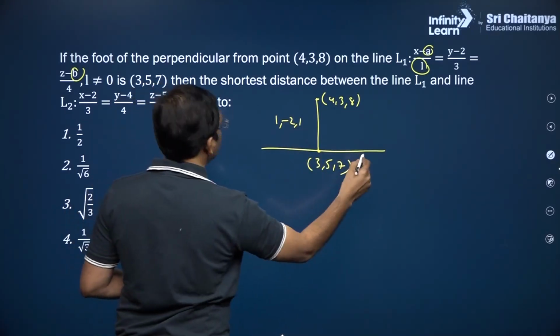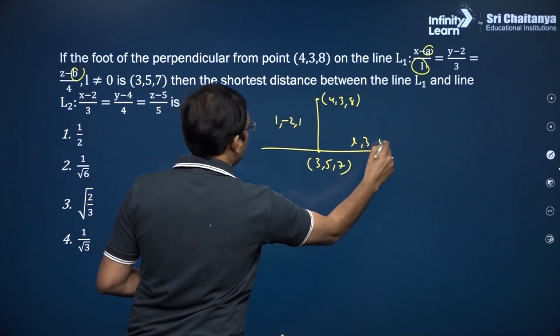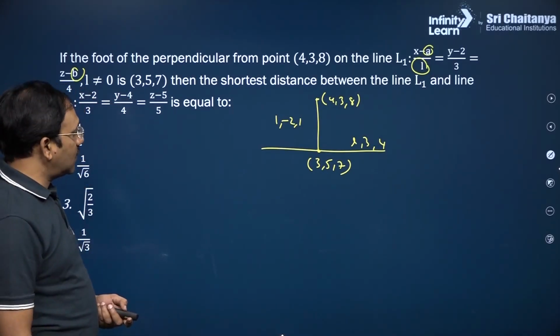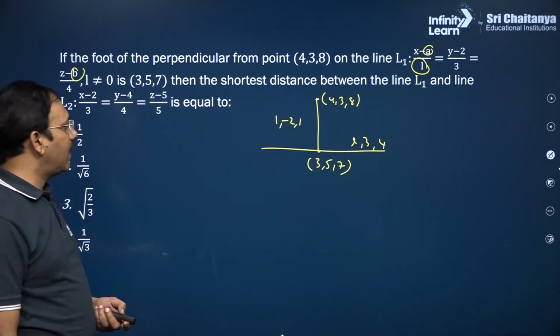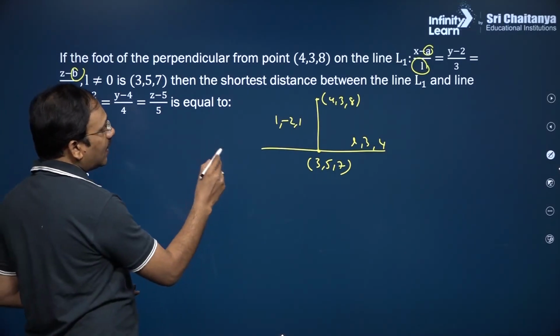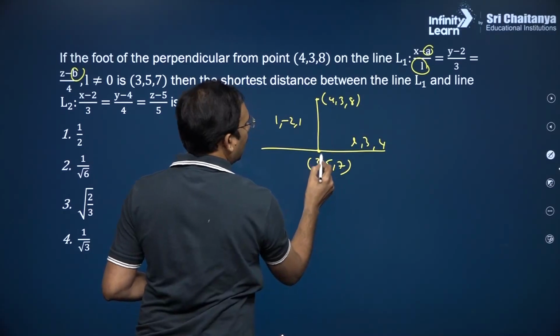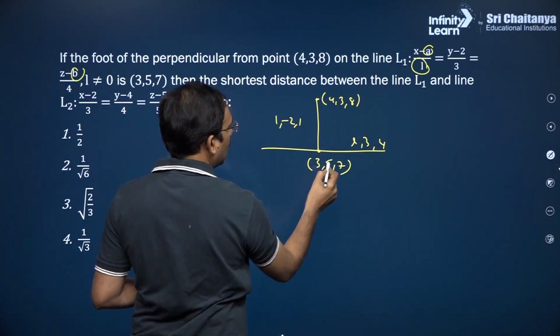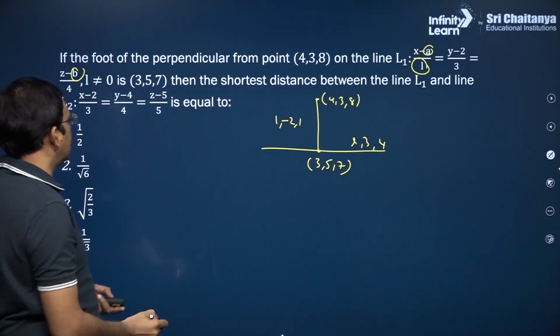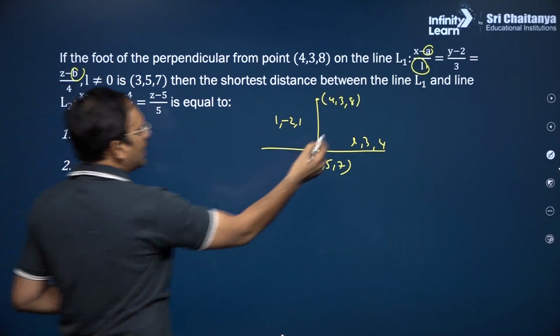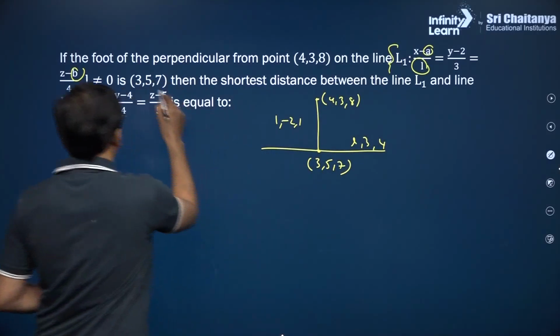This line's DRs and this line's DRs are L, 3, 4. You just apply dot product is equal to 0. So, yeah, you will get L value. Now, after getting L, you just substitute this point on the line. So, in place of x you put 3, y you put 5, z you put 7. If you equate, you are going to get A value, B value. So, this line is completely known, my dear friends.